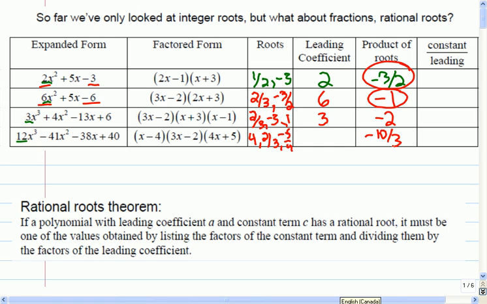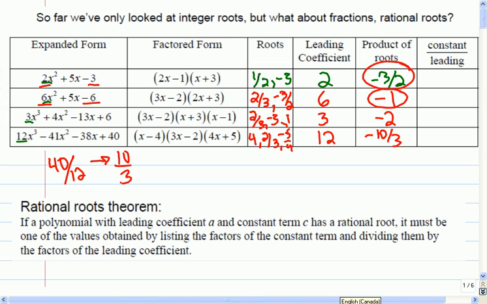And we said the leading coefficient this time is 12. So how did I get 10/3? That doesn't seem to fit the pattern we were talking about. Does it? It does. How come? 40/12 is 10/3. Yeah, it's simplified. 40 divided by 12 is going to give me 10/3.